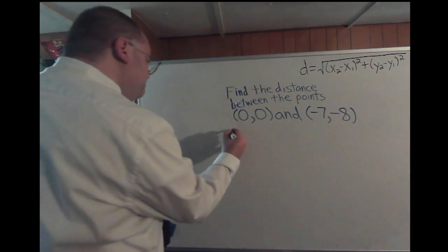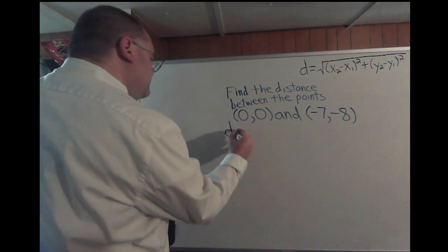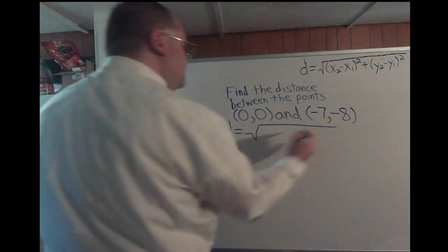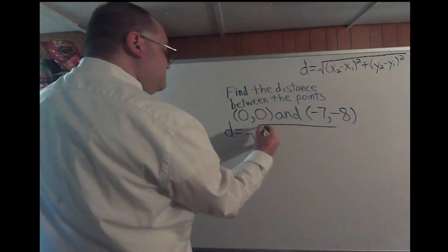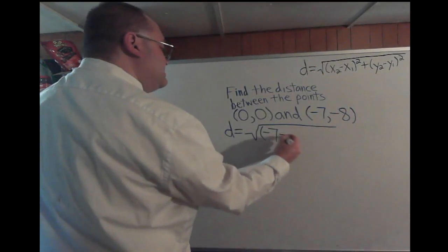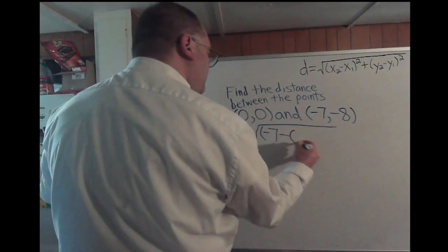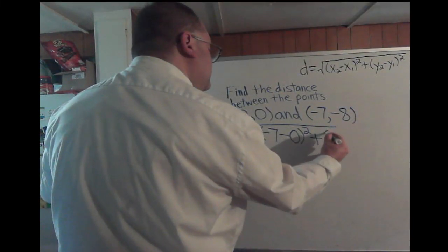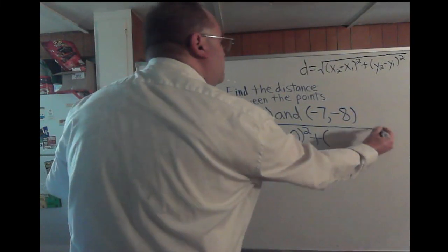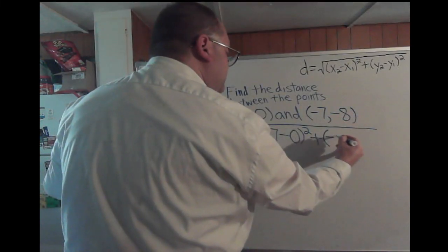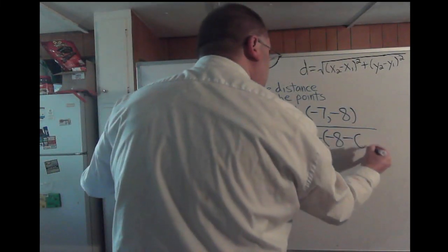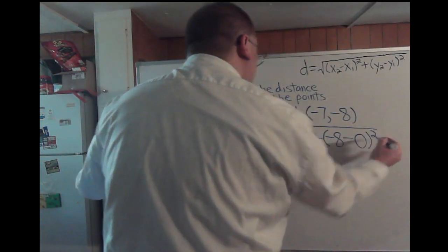Well, go ahead, set up your distance formula. The distance will equal, of course, the square root is what we start with. Our x2 will be negative 7. Negative 7 minus x1, which is 0. That'll be to the second power, plus you got your y2, which would be negative 8, minus y1, which is 0. That'll be to the second power.